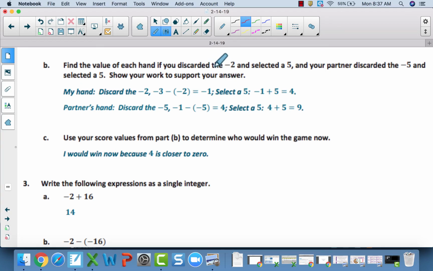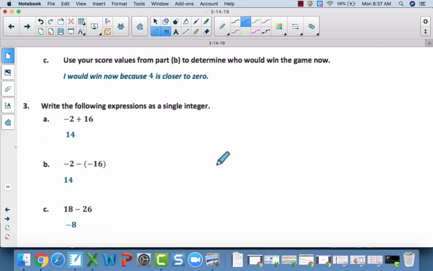Just remember, discarding the -2 would be the same as adding a -2, okay? Or subtracting a -2. These basically work to turn into addition. Same thing as discarding a -5 is the same as adding 5. But now if this move would happen, you would now win because 4 is closer to 0 than 9 is. It has the smaller absolute value.